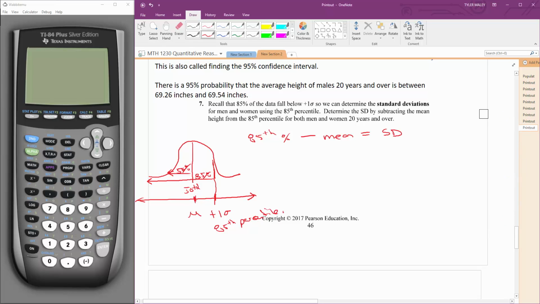So if you look on the previous page, look for where it says 20 years and over, the first row with numbers, for men and women. Let's do this for women first. You will find that the mean is 63.8.